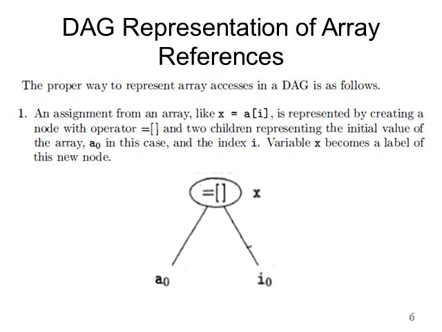In the operator section we put the array operator, and it has two children. The variable x becomes the label of the new node, as it is the left part of the statement. That means after the value is identified in the array, it is simply assigned to x.